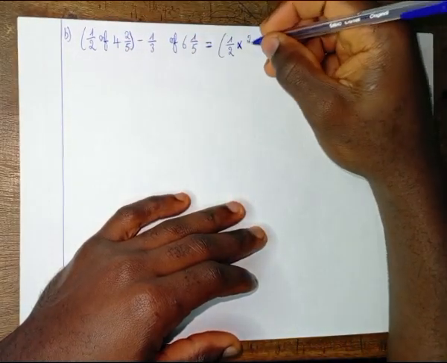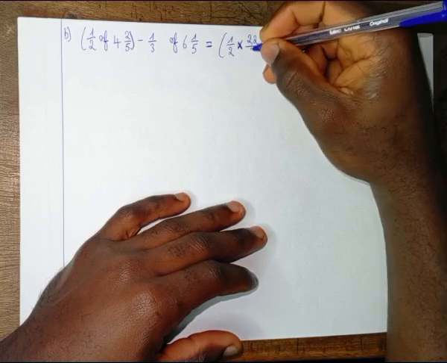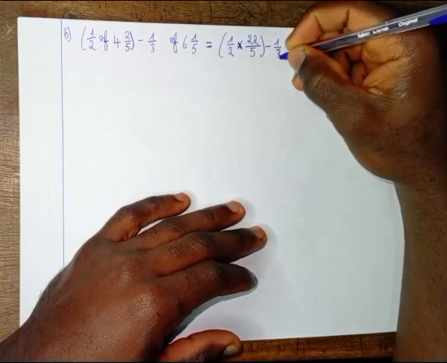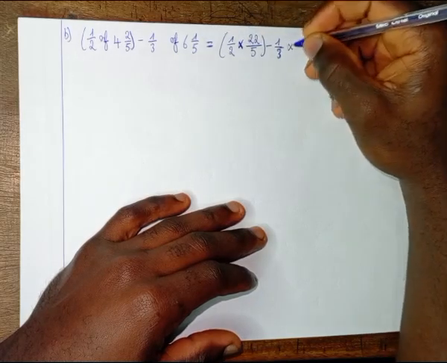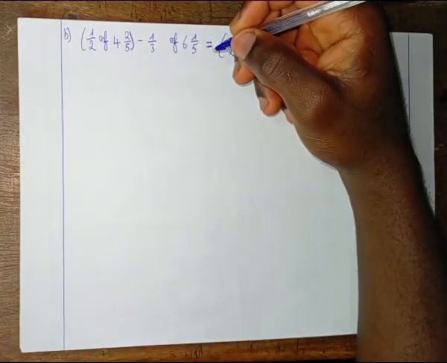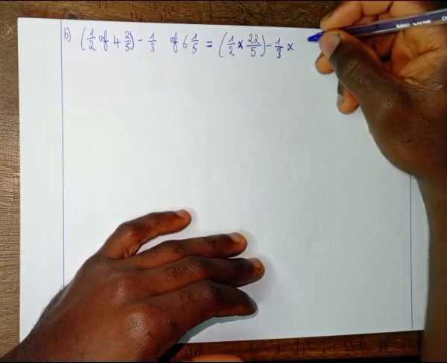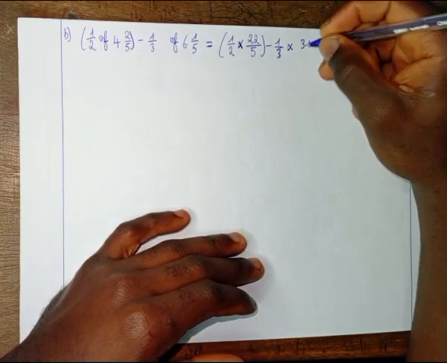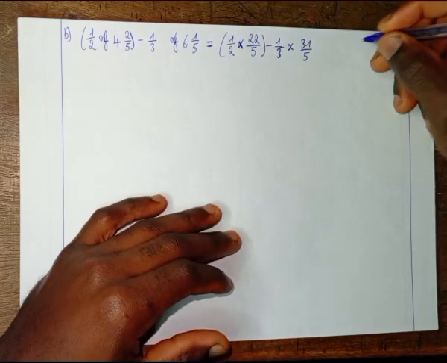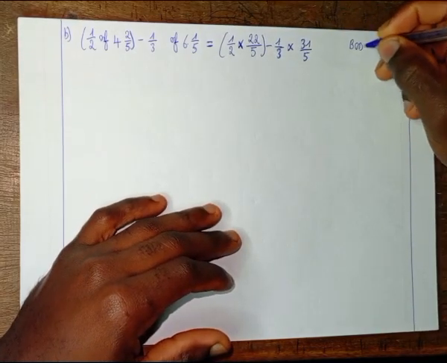20 plus 2 gives us 22 over 5 minus 1/3 of, multiplication. 5 times 6 gives us 30. 30 plus 1 gives us 31 over 5. We are going to make use of BODMAS.